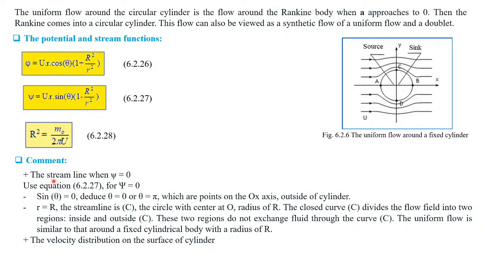And we have a comment here: the streamline when psi equals 0. Now, if we put psi equals 0, we get the streamline. In this case, we have two solutions for psi equals 0. The first one, sine theta equals 0, either theta equals 0, then we get this 0.